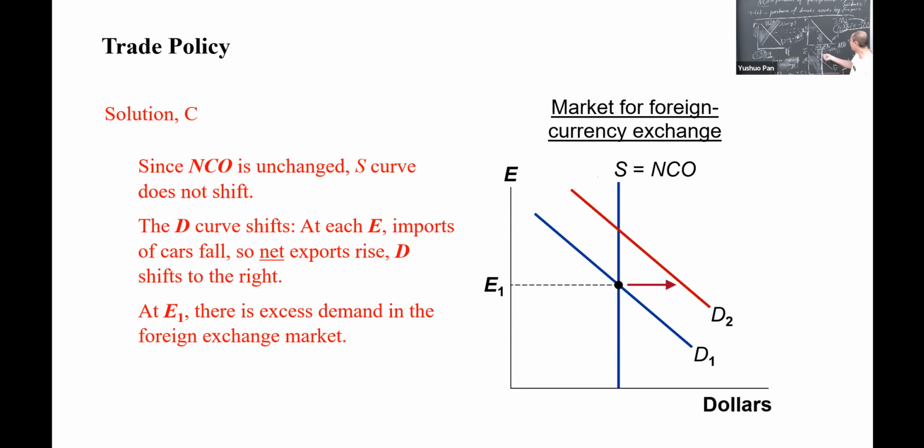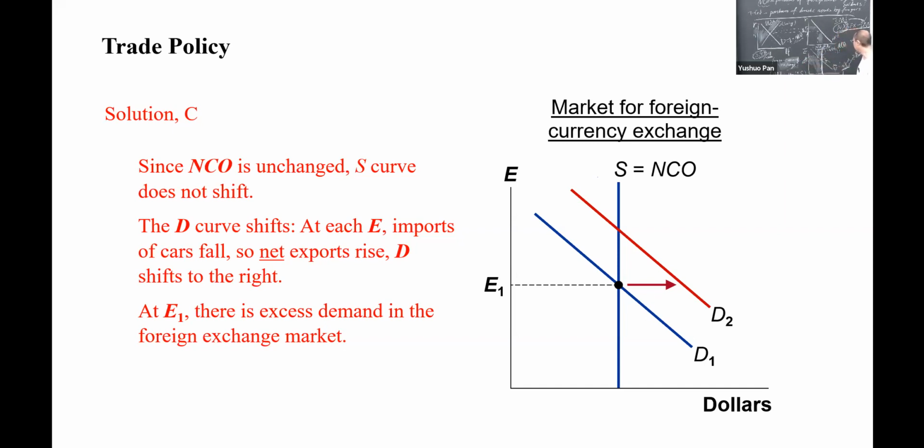Then the value of dollars is going to increase, right? The value of dollars, which is the exchange rate, will increase. So E will increase because supply is smaller than the demand.